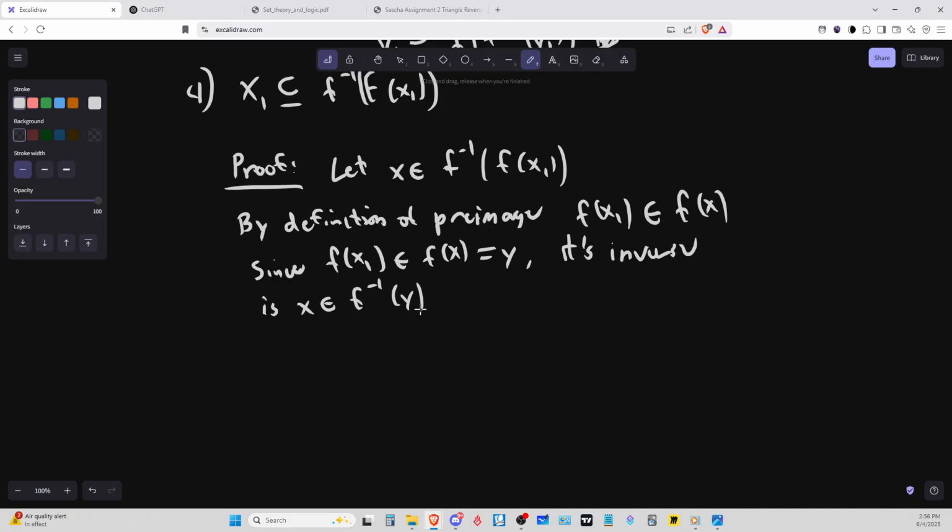I feel like we're on the right track here. It's just, since f of x1 is an element of f of xy, f of x1 is an element of f of x, which is its inverse is an element of f of xy.